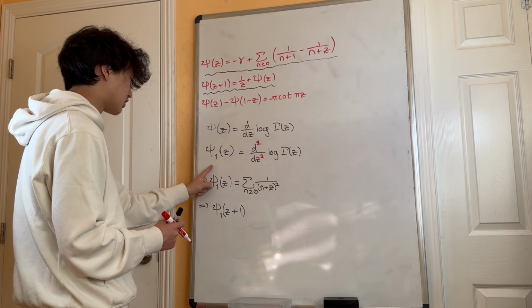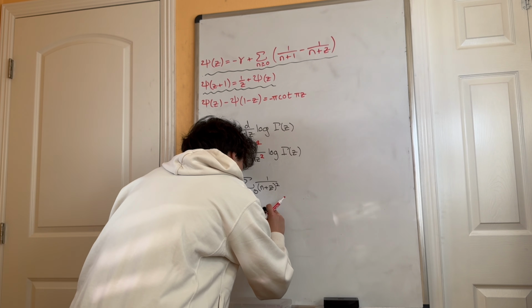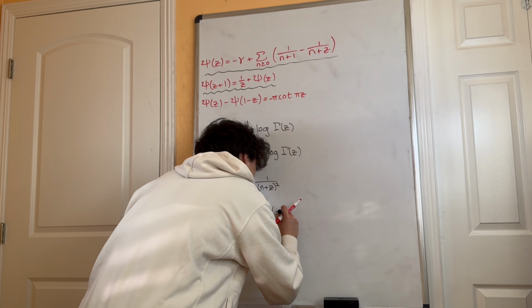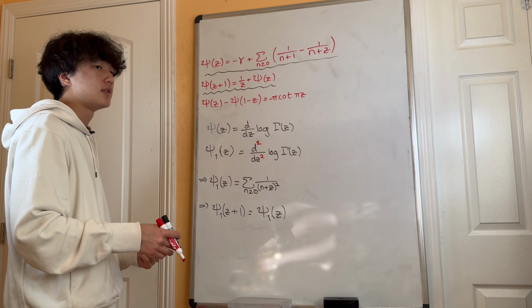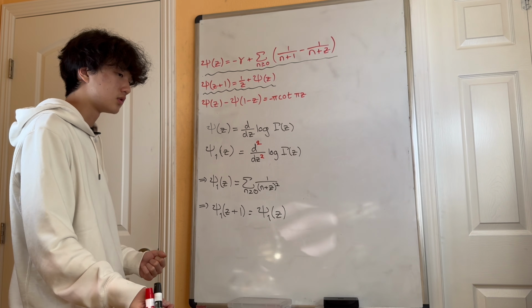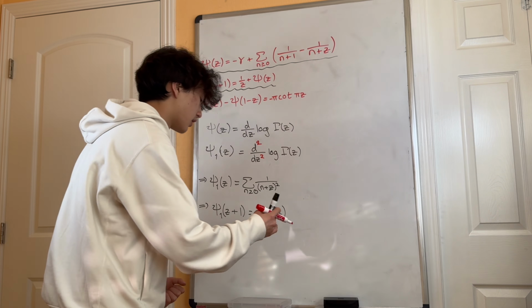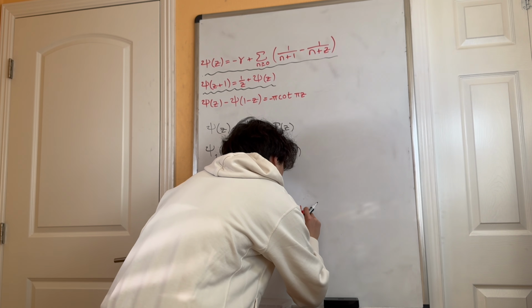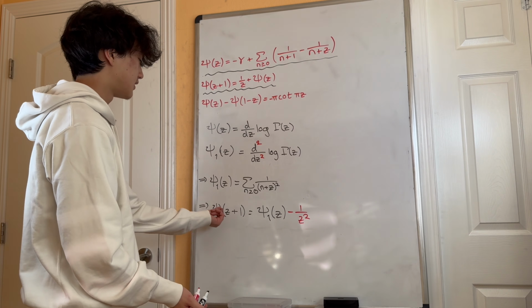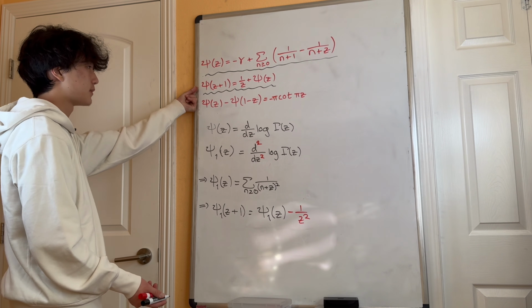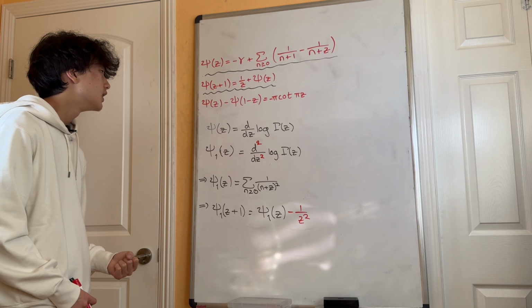By definition, you get the trigamma function. So we're going to get the trigamma function of z. Okay, and then we have this next term, which is just 1 over z. When you take the derivative of 1 over z, if you just apply power rule, you get negative 1 over z squared. So negative 1 over z squared. So that right there is the trigamma form of the digamma's recursive property.